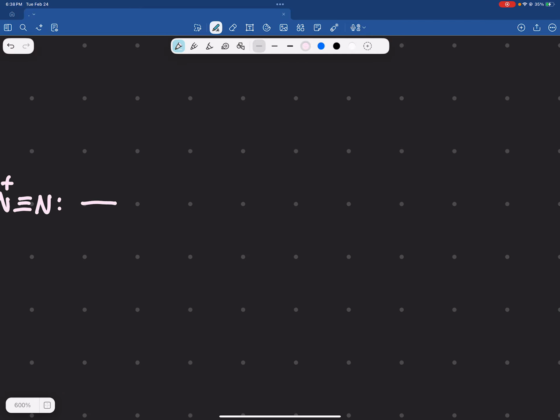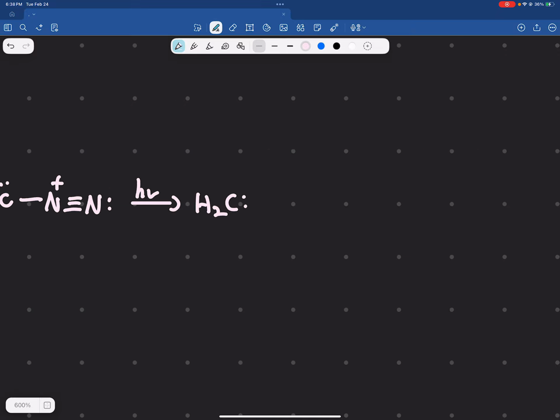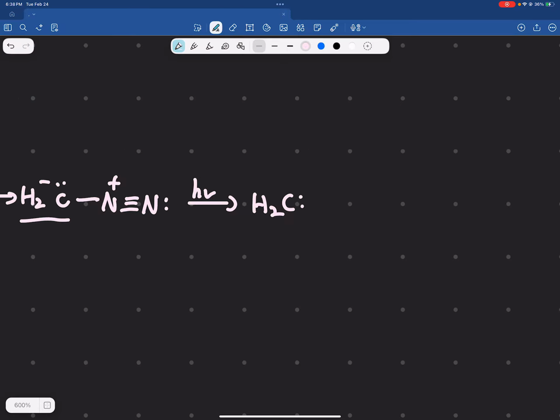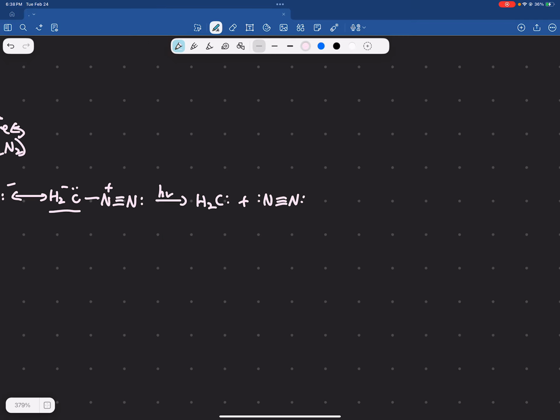And if we were to treat this, it's going to form methylene. The carbon group is going to break off, and it's going to form this nitrogen.